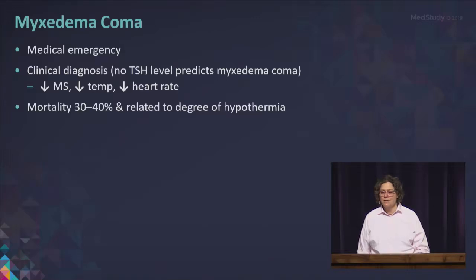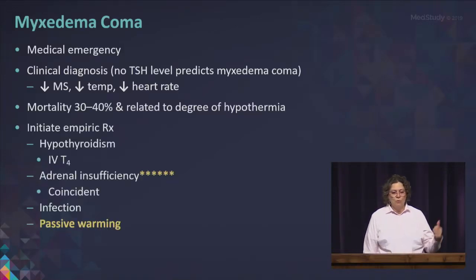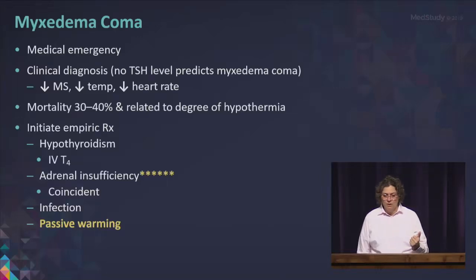The mortality is high, and it's actually related to the degree of hypothermia. You want to give people the thyroid hormone, and preferably IV, because they're probably not absorbing it too well at the level of the gut.